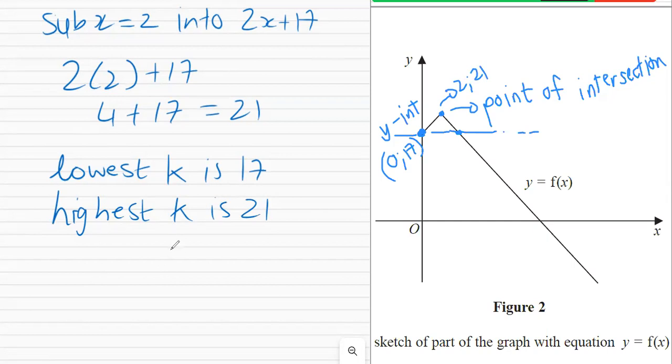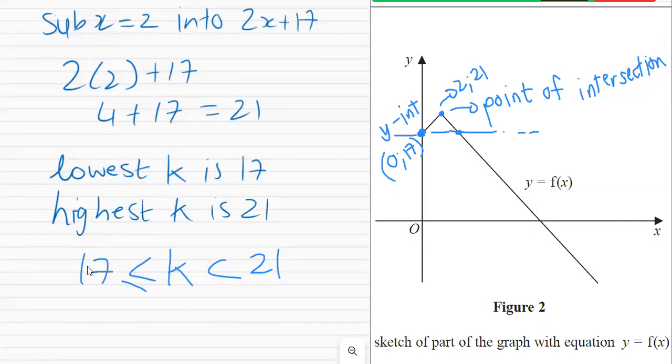Well, we say k is between 17 and 21, but it's not including the 21, because as soon as you get to the 21, there's a problem with the k.